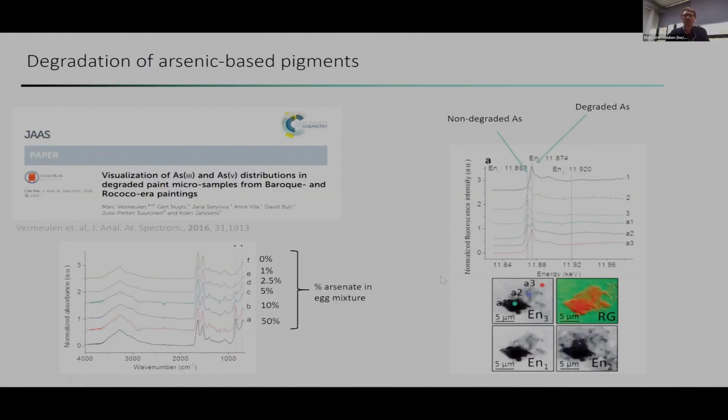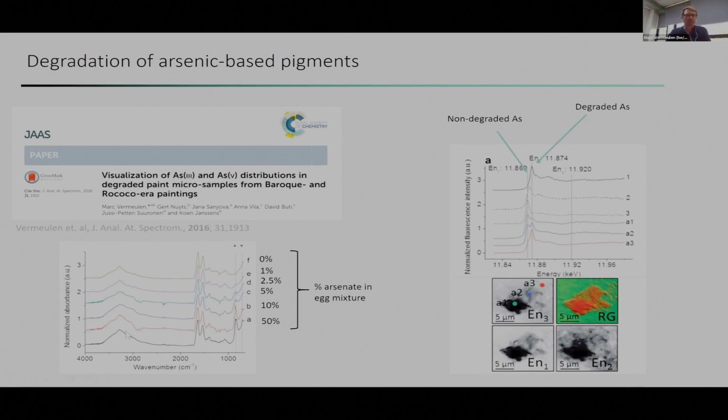However, I was very annoyed not being able to see degradation products on the spine and other places of the books. But having worked on arsenic-based pigments before during my PhD, I knew that FTIR was somehow not the best technique to see arsenic oxide and arsenate.